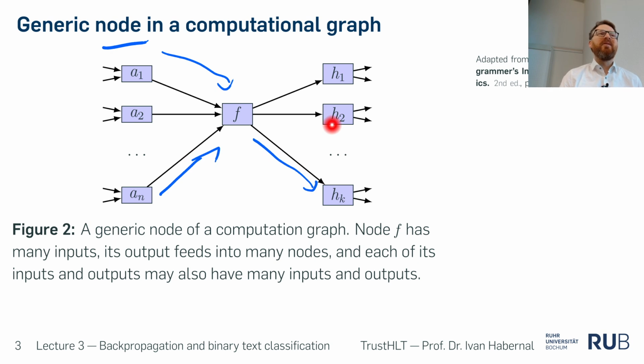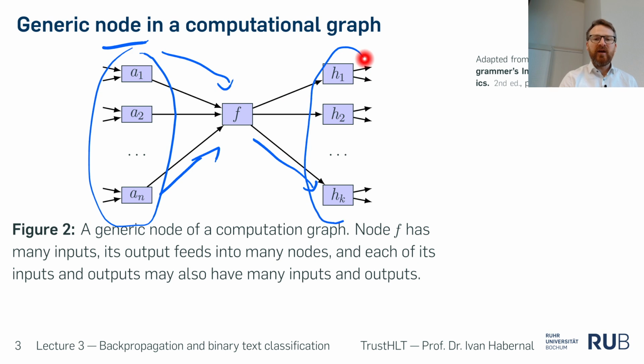But it might be the other way around. It's up to you to say what is a child and parent in a graph. But these have multiple arguments and multiple consuming nodes, which use the output of this middle function. Okay, so this is some generic node in a graph.